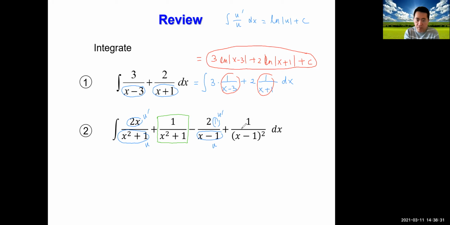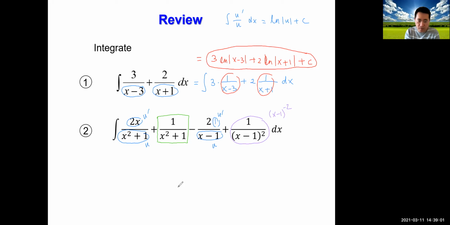If you take the derivative of this, it's 2 times x minus 1, so it doesn't fit u prime over u. You have to use the power rule in this case by rewriting. So that one we can rewrite as x minus 1 to the power negative 2 instead of the positive 2 in the denominator, right? So it's the reciprocal.